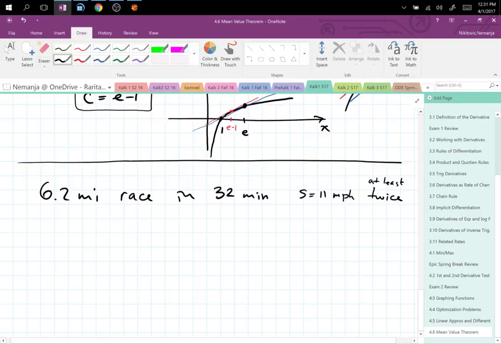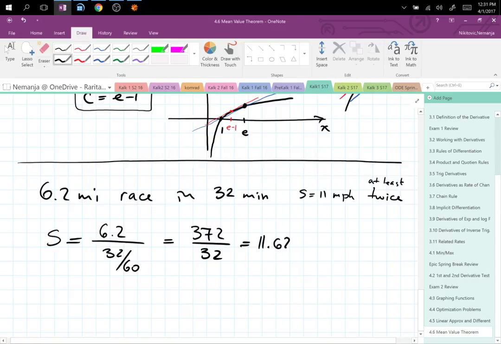This is the same as the cop thing up there. You have that the speed is equal to the distance divided by time. For the entire race, 6.2 times 60, 372, divided by 32, is 11.625.